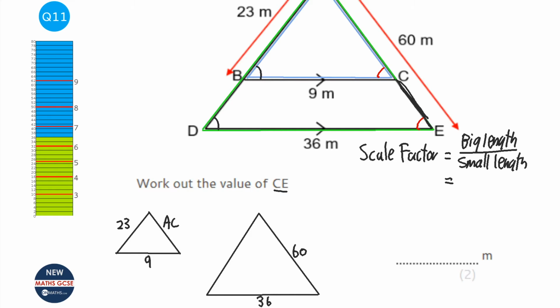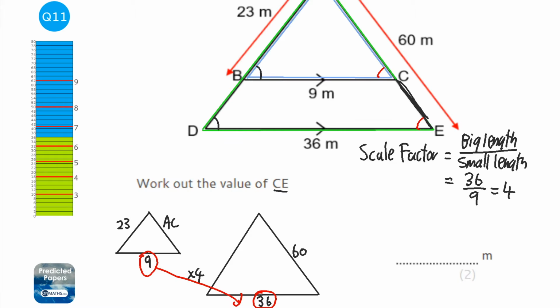Okay, so the two I'm going to pick is obviously the bottom two. And we're going to find out what we times 9 by to get to 36. So 36 over 9. And that's obviously going to be 4. Okay, because 4 times 9 is 36. Okay, so we know we times that by 4, so the scale factor is 4.